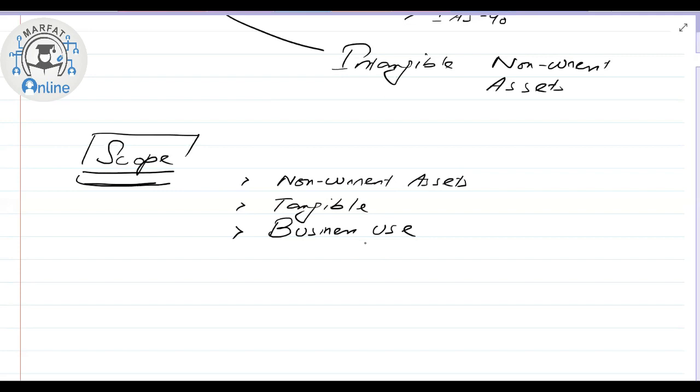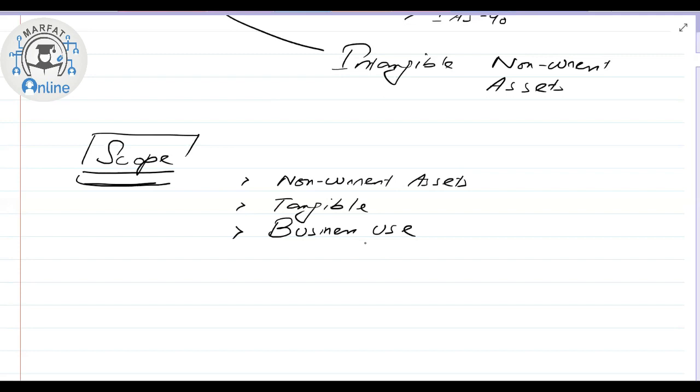For example, an airline has airplanes. Those airplanes are used for transportation, for the activities of the company. They cater to passengers and fly from one place to another. Those airplanes are property, plant, and equipment.